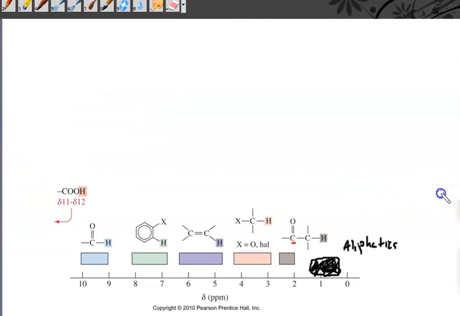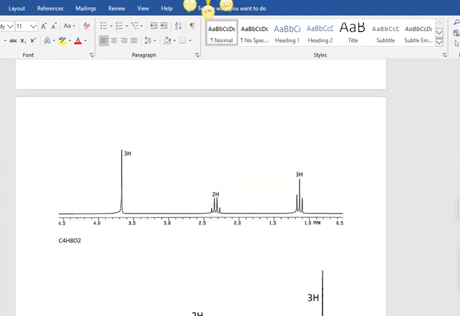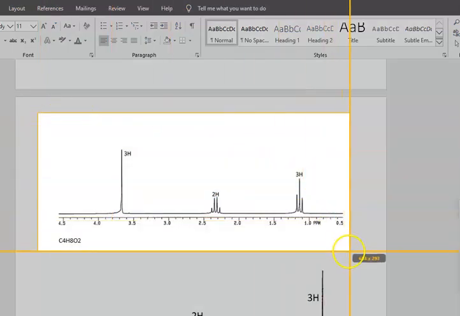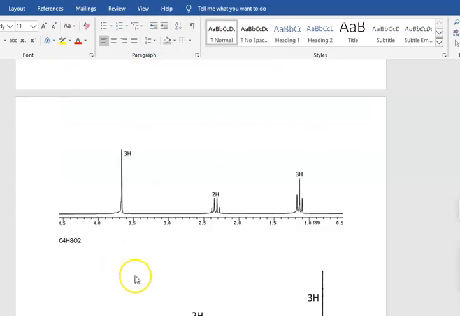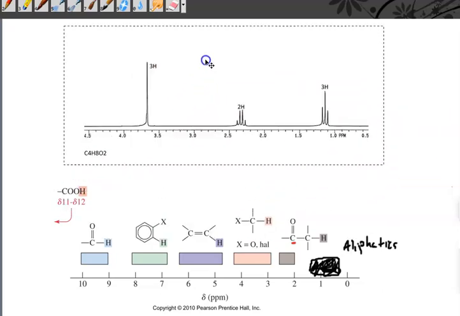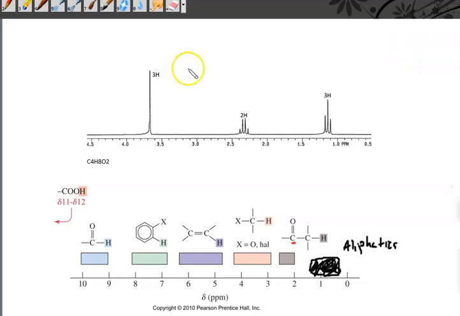Okay, let's do another one. Where was it? It's this one here. Right there. Let's get the Dandy copying tool. Copy. Copy. Okay. Go for it. And I'll let you guys work on this.